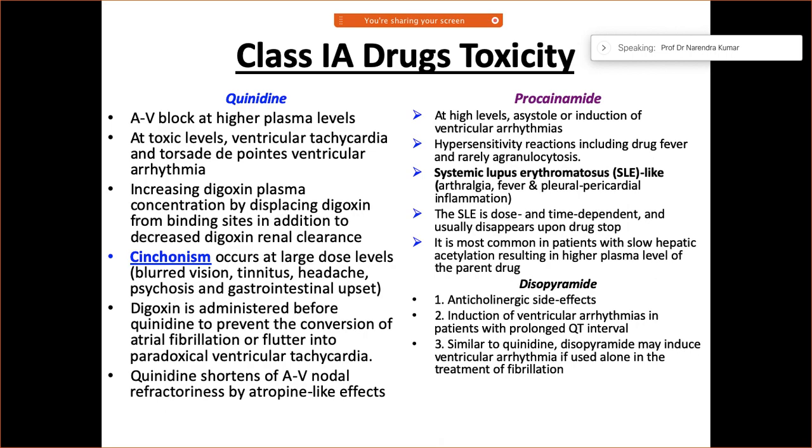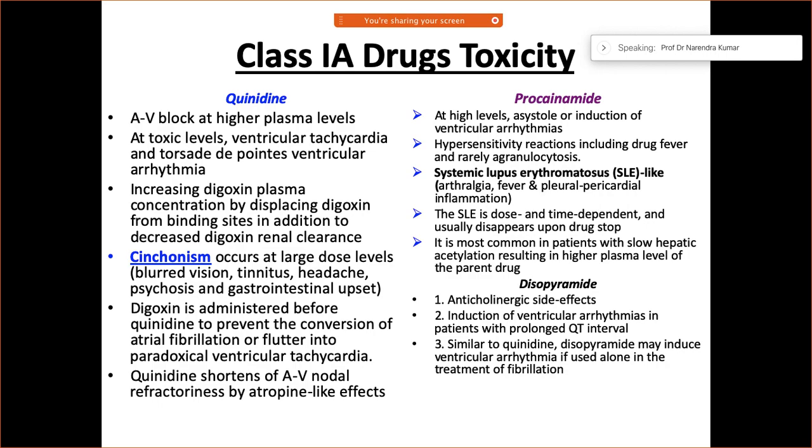And so this is one of the reasons. Digoxin should be administered whenever you are trying to give quinidine, to prevent the conversion of AF or flutter into paradoxical VT, in fact. And we all are aware quinidine shortens the AV nodal refractoriness by atropine-like effects.